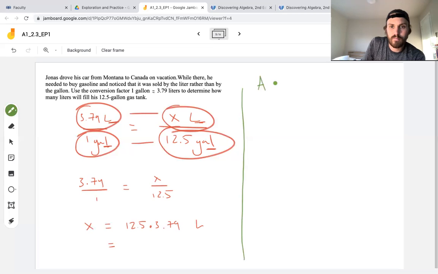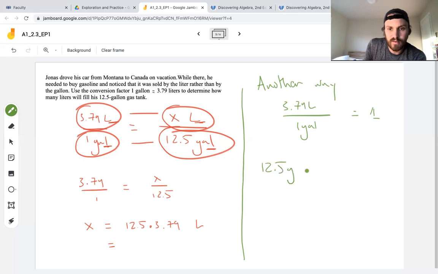Another way would be to say, well, you know what? 3.79 liters divided by 1 gallon. By the way, this is equal to 1 because these are the same. And so if we have a 12.5 gallon tank, you can simply multiply by 3.79 liters divided by 1 gallon. My gallons will divide, and I'm left with liters.